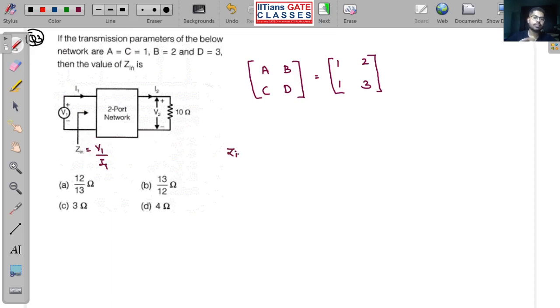Z in is the unconditional input impedance. Okay, so remember this.